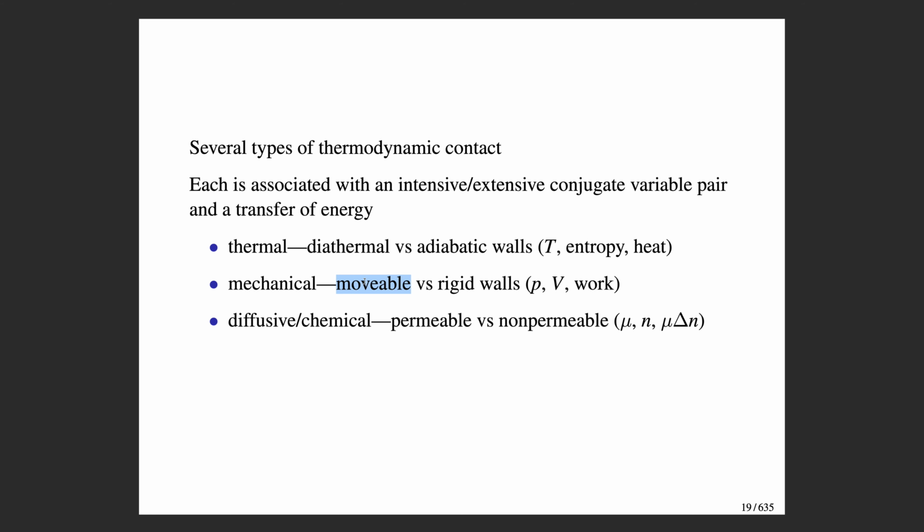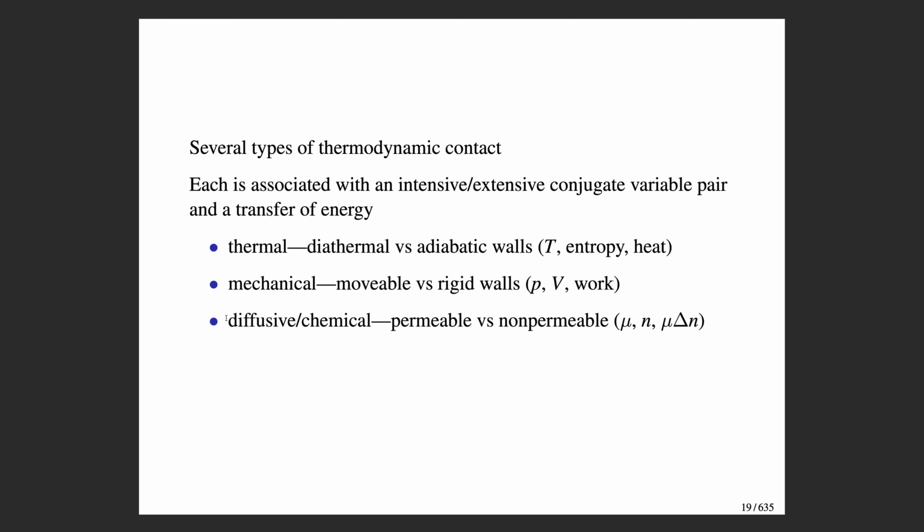Okay, that's what I mean by a movable wall. Or something like a piston, where the wall can be pushed in or pulled out. For movable walls, there is mechanical contact, and that allows energy to be transferred through the process of work. And the variables that we're going to focus on for mechanical work will be those of pressure and volume. Now, there are other ways to perform work, but the ones that we're going to focus on in physical chemistry involve what we call pressure volume work, where a gas expands or is compressed.